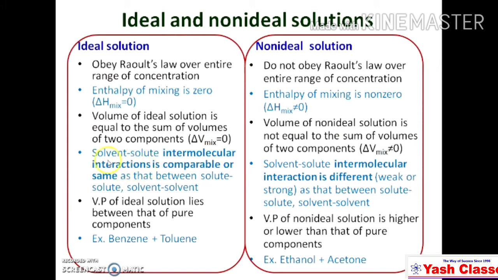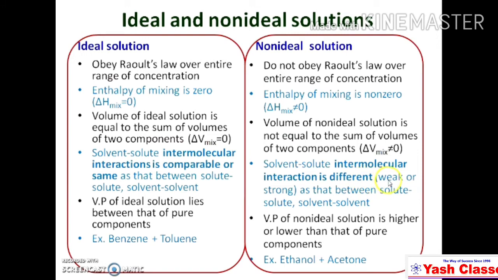So here, in case of an ideal solution, whichever type of intermolecular force of attraction is operating between solvent and solute, the same type of force exists between solute and solvent. Whereas in case of a non-ideal solution, the solvent-solute intermolecular interaction is totally different.